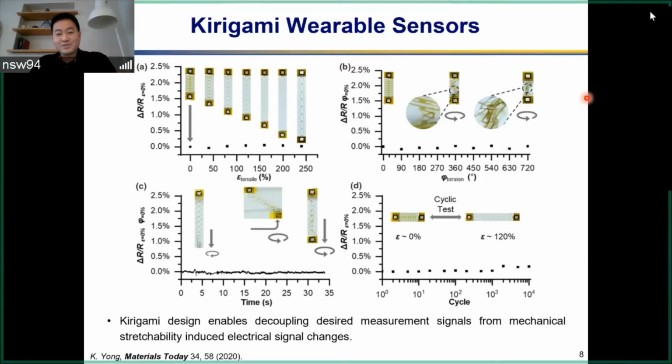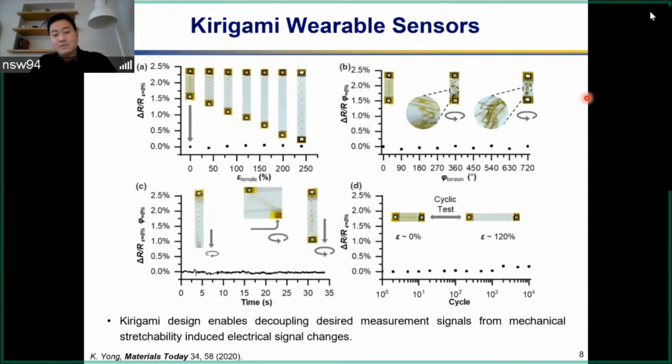And you can ask your student to do some cyclic tests. Lots of time there, but you start to see something interesting. It looks like the mechanical deformation isn't changing anything in terms of electrical conductivity in the system. So we call this strain insensitivity. When it comes to strain coupling to electrical properties, it looks as if it's completely decoupled.